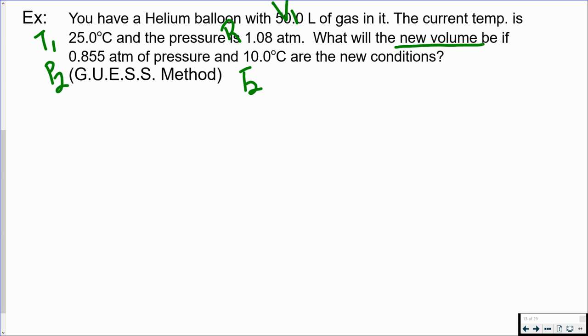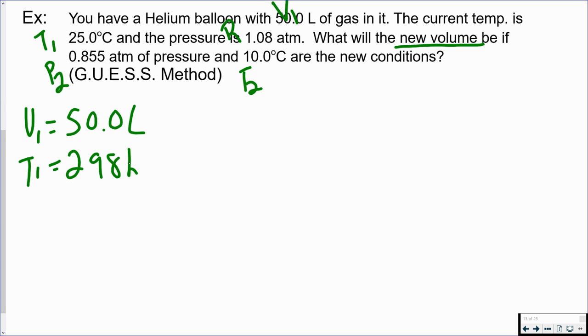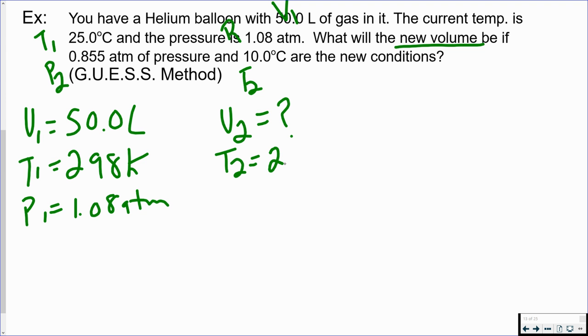So that gives you V1 at 50.0 liters, T1 at 298 Kelvin, and P1 at 1.08 atmospheres. V2 is what we're trying to solve for. You have T2 at 283 Kelvin, and you also have P2 at 0.855 atmospheres.